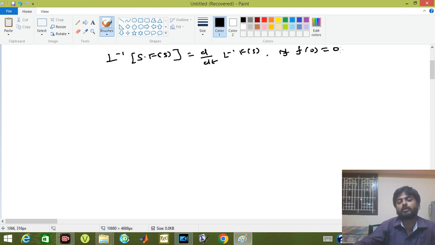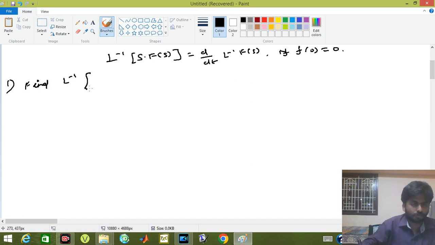If f of 0 equal to 0. So under this structure we are going to see some problems. The first problem is find L inverse of s divided by s square plus 1.